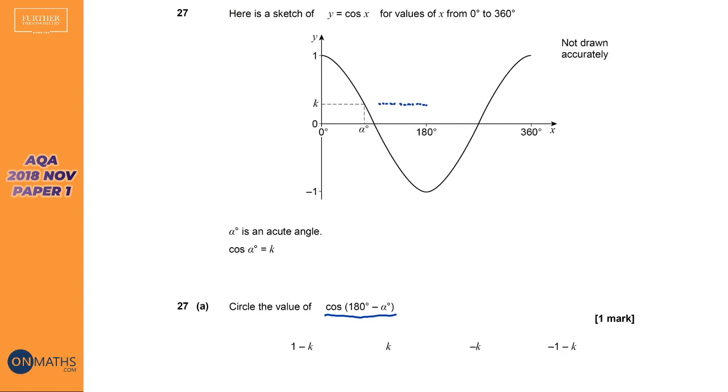So I've done the same thing as they've done, but the thing they're testing you here on is that you know that these graphs are completely symmetrical. So if I have the value here, and I've gone a little bit far, so let's kind of back up a little bit.